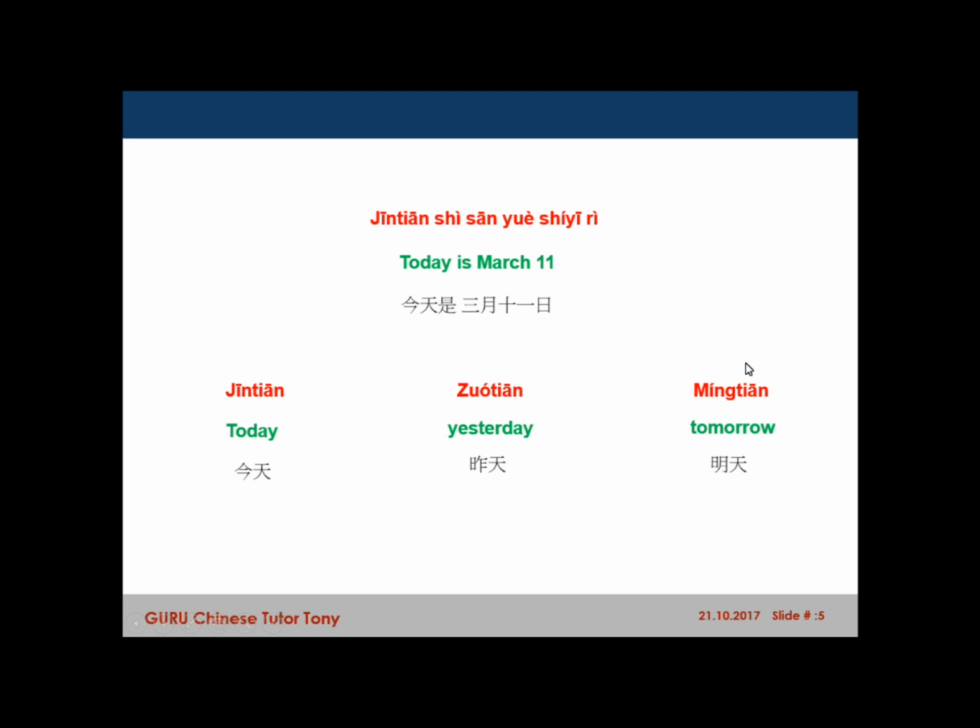We have to say today is which month and which date, so we have to learn today, yesterday, and tomorrow. 今天 is today. 昨天 is yesterday. 明天 is tomorrow.